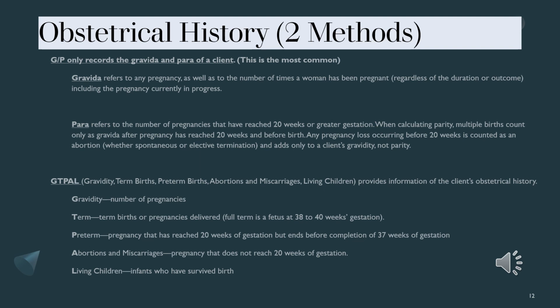So that is your gravida. Your para is how many times after 20 weeks your uterus has emptied. So even if you had twins or triplets or quadruplets, your uterus only empties one time.